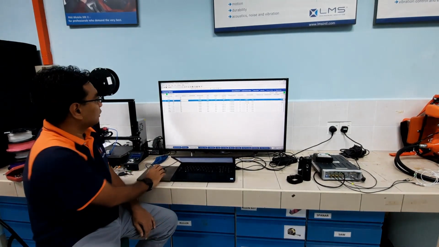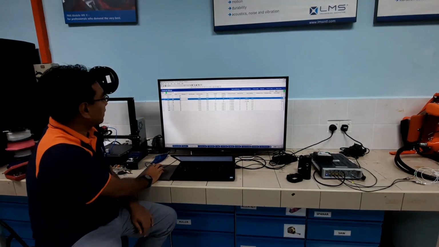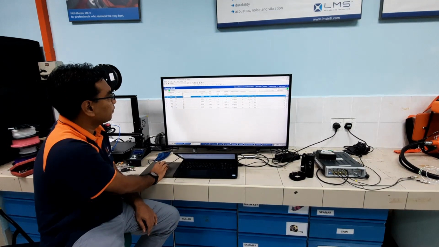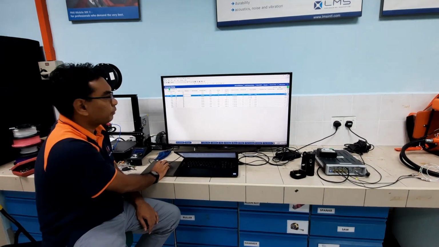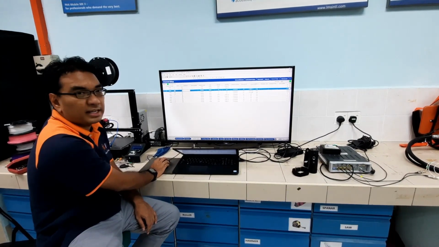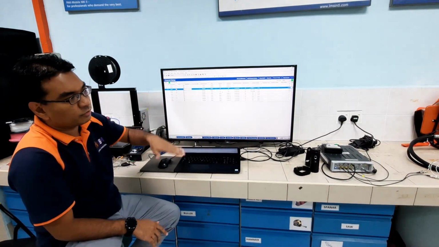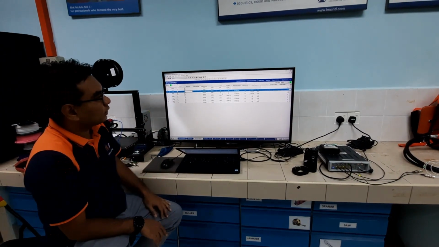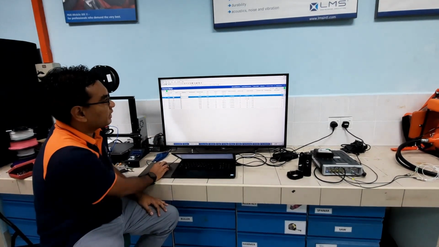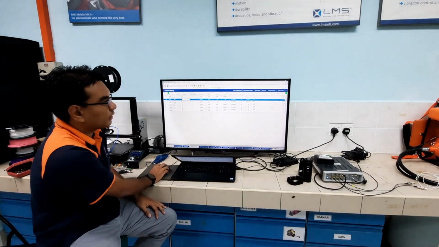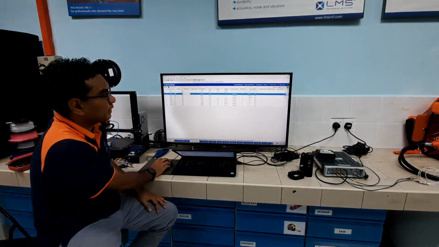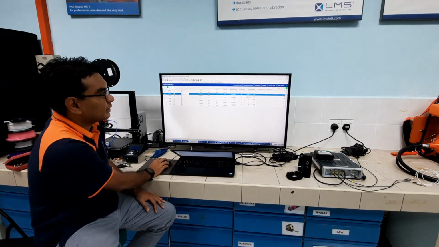The first step is we must set the detailed parameters of each accelerometer, such as the point location, for example point 1, 2, 3, and the direction. In this case we are measuring in the vertical direction, which we call the plus Z direction. We are measuring the acceleration quantity, and of course we must set the sensor sensitivity.